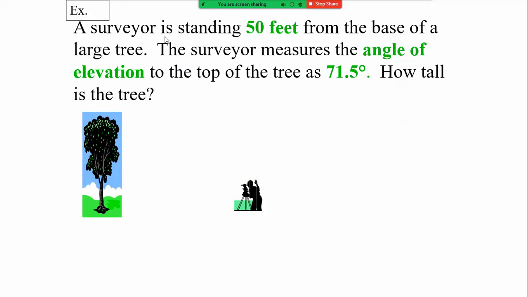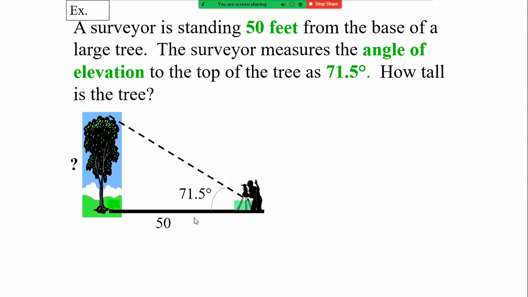So here's an example: a surveyor is standing 50 feet from the base of a large tree. The surveyor measures the angle of elevation to the top of the tree as 71.5 degrees. How tall is the tree? Drawing it out, and I always recommend sketching and drawing these problems out, we get this 50 feet, the angle, and then the question of, well, how tall is this tree?